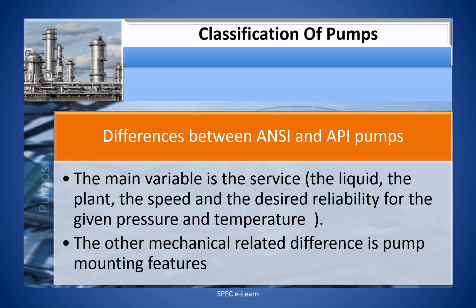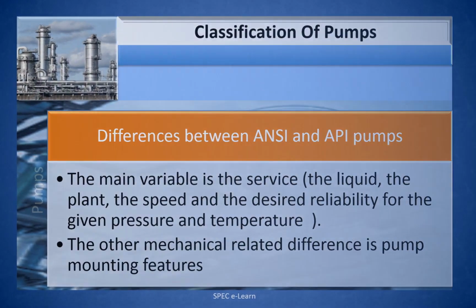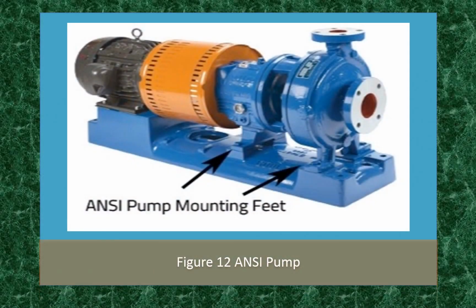The other mechanical difference is the pump mounting features. Shown here is an ANSI pump. Look at the pump mounting feet and compare with the API pump which is shown next.